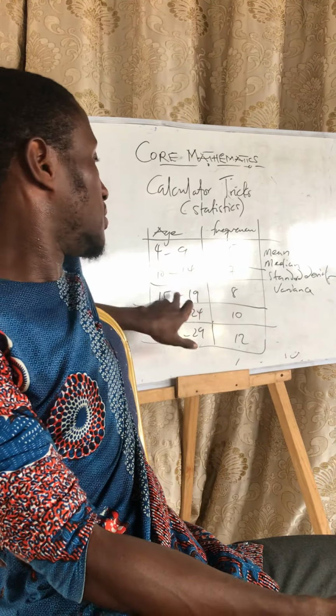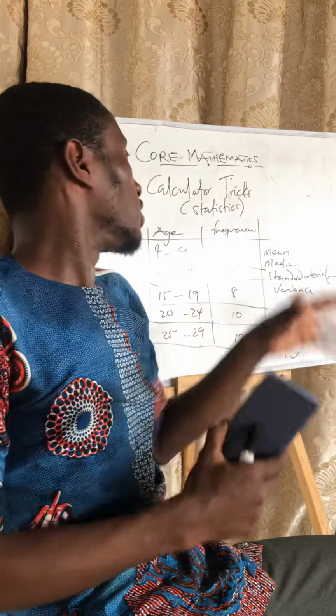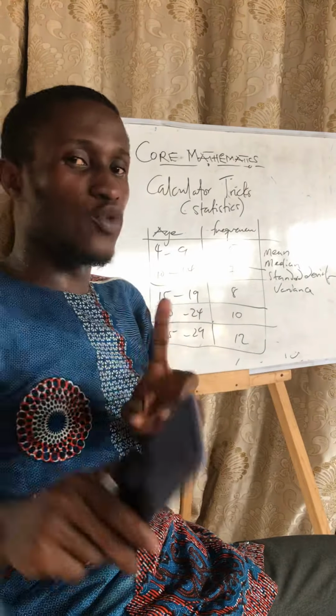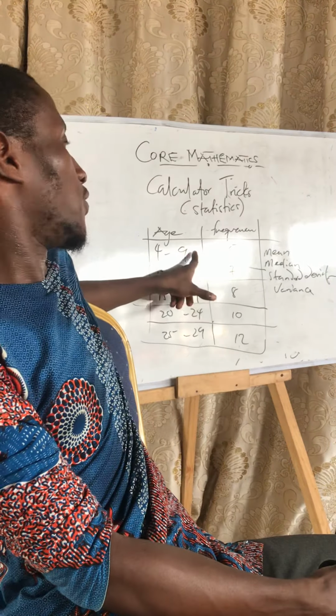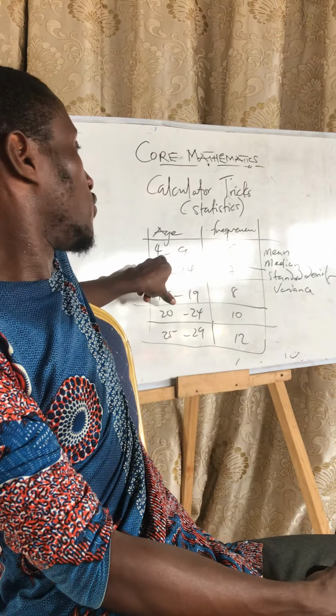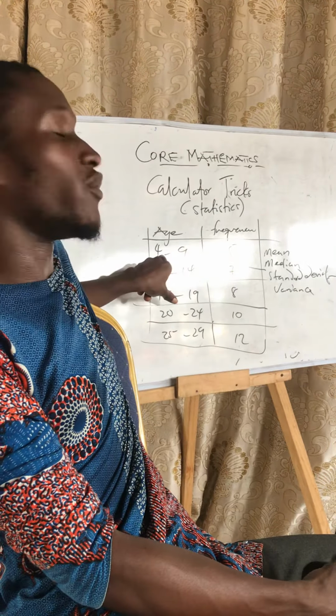And so normally they will tell you to subtract half, or let's say 0.5, from the lower boundary of the class, and add 0.5 to the upper boundary of the class. So this is the lower boundary of this class, this is the upper boundary of this class. So when I subtract 0.5 or half from this, I'll get 3.5. But this one, let me make it 5 instead of 4, so that we'll be able to get something proper.